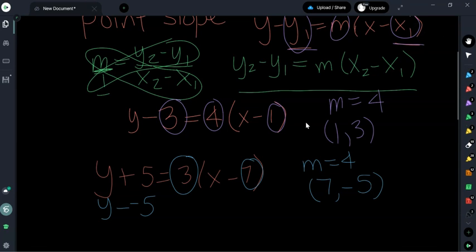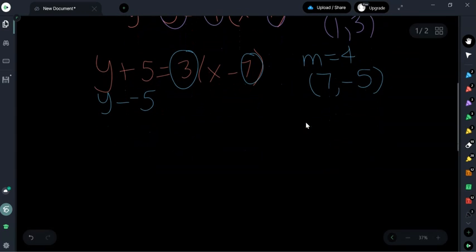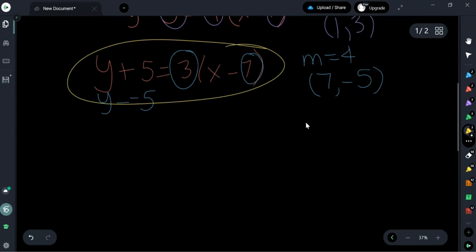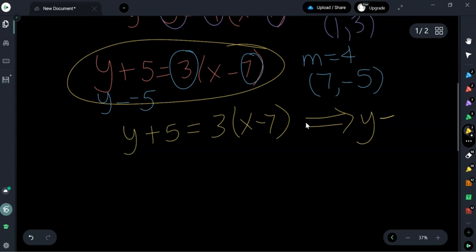Now we can also take point slope and make slope-intercept by manipulating it. So for example, let's take this equation. If I have y plus 5 equals 3 times x minus 7, I can convert that into the format y equals mx plus b if I want to.